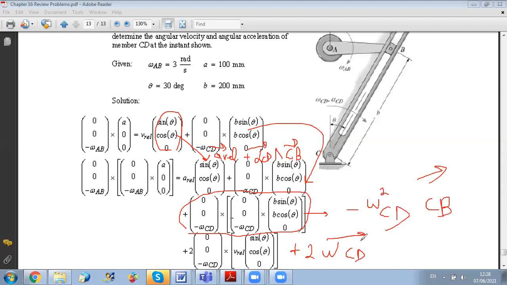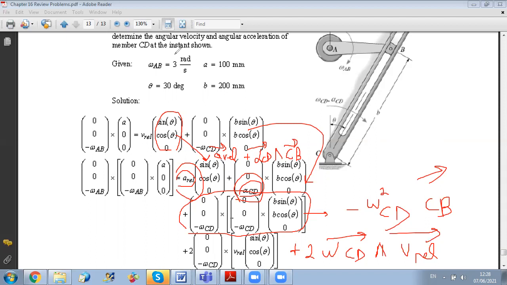And of course now we know omega CD and V relative because of the previous step. So all we have to do is replace the values we got for omega CD and V relative in the equation, and then by doing the expansion we will just have two unknowns, A relative and alpha CD. So here also you will get two equations with two unknowns, which will allow you to solve for the relative acceleration of B with respect to the rotating rod and the angular acceleration of bar CD.